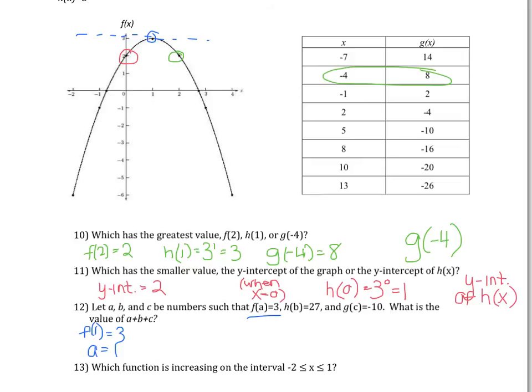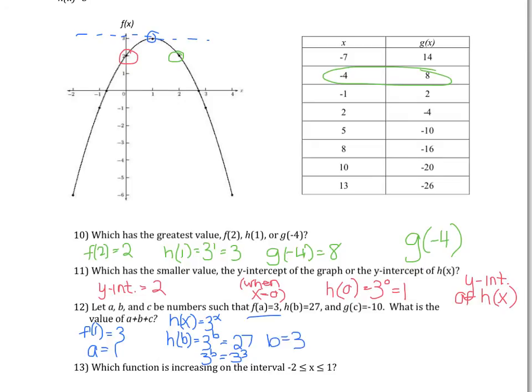H of b equals 27, so we know h of x is 3 to the power of x, so we know h of b is 3 to the power of b, and we know that that's going to equal 27. Well, 27 is the same thing as 3 to the power of 3. So we know b is going to equal 3.